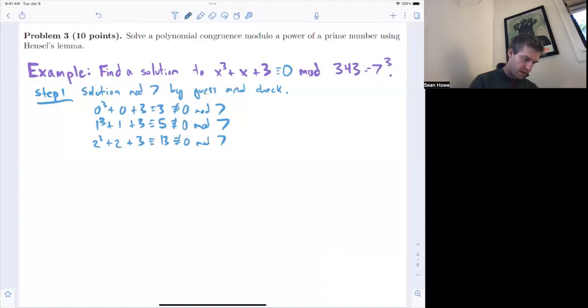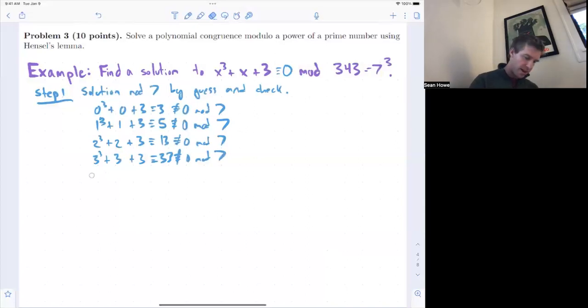If I do 3 cubed plus 3 plus 3, that's 33, which is not congruent to 0 mod 7. If I do 4 cubed plus, maybe I should start doing negative numbers now, because it's hard to cube 4.